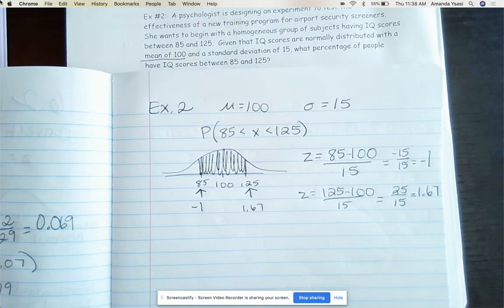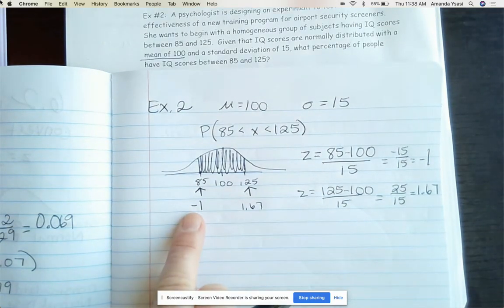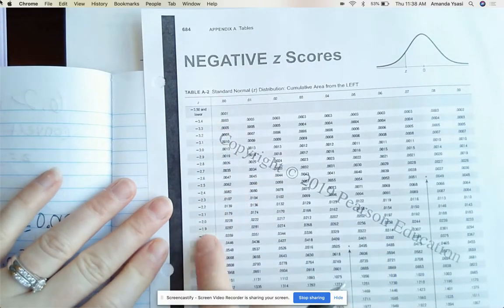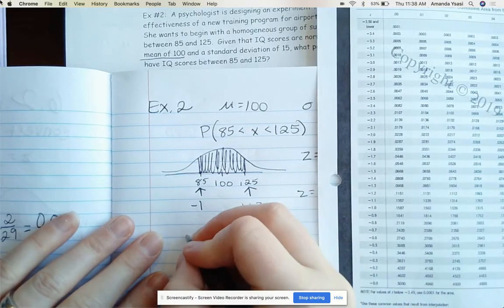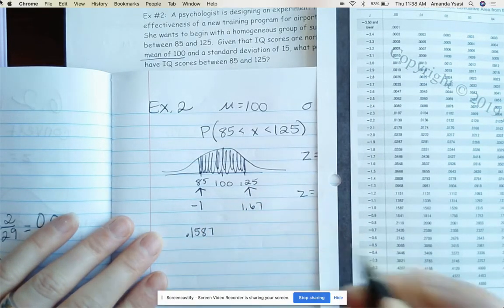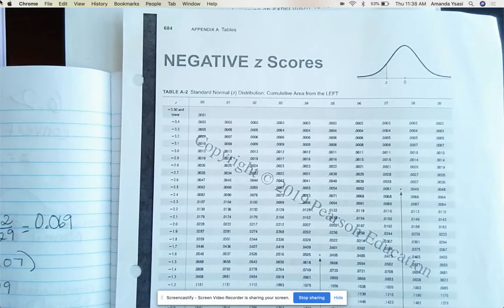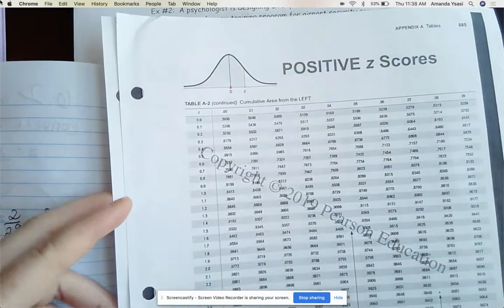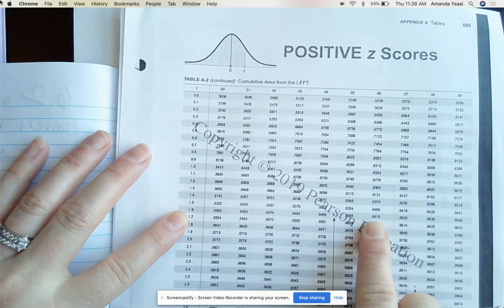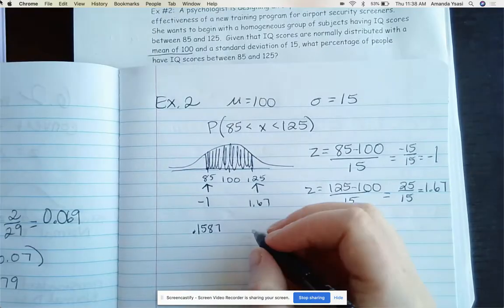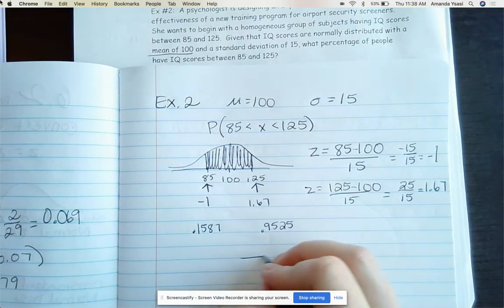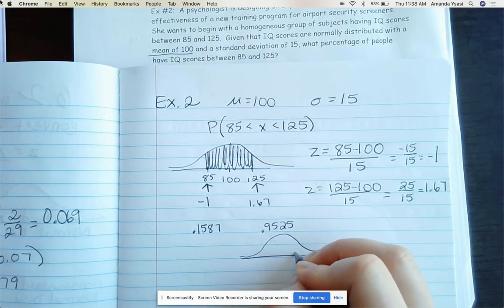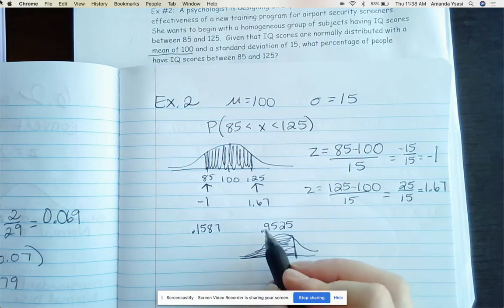Okay, so we can use our table to find that. So we have a negative 1 first. For negative 1, let's see, 0.1587. And then I've got to do my positive 1.67. 0.9525. So this is telling me that the area right here is 0.9525.